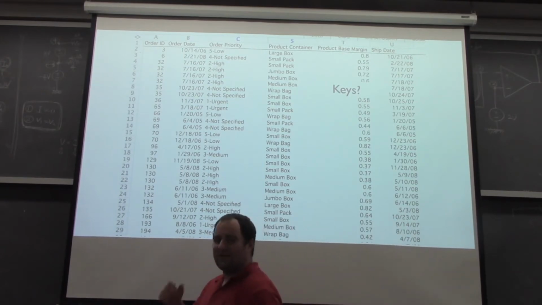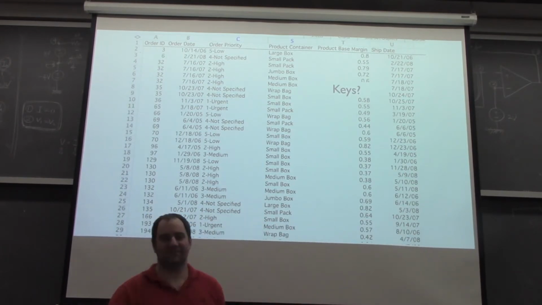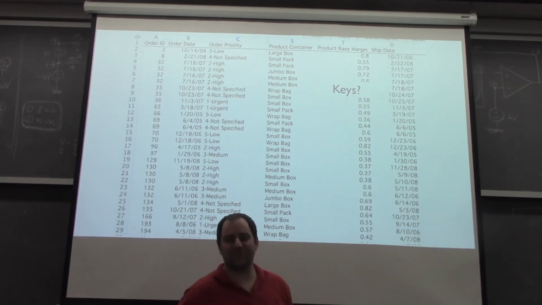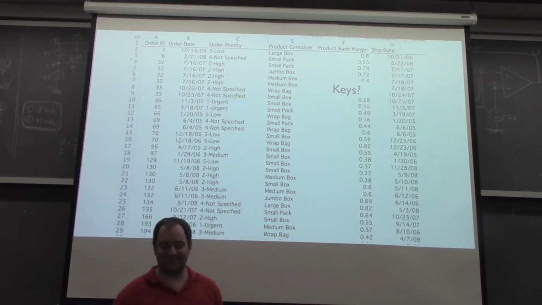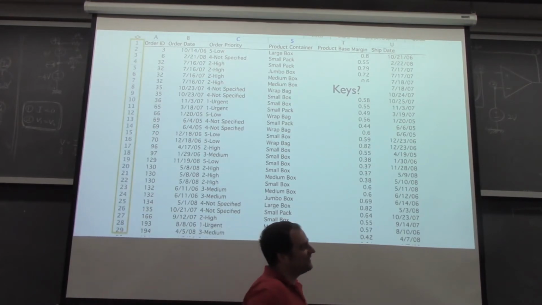So where could the keys be here? The first column would be? What's that? The row number, yes. So this is an implicit key here. It is the row number. It's not the order ID.